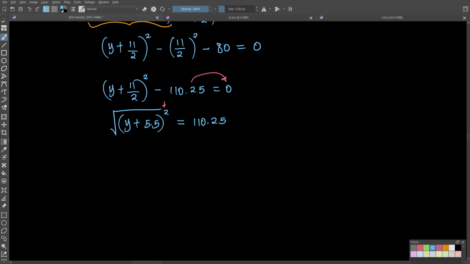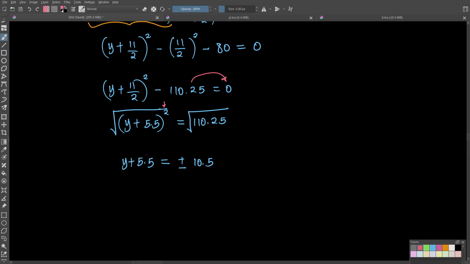When you find the square root of the square of something, you are left with whatever you're squaring. So on the left, we'll have y plus 5.5 equals to, now we find the square root of 110.25. But remember, the square root of a number is usually plus or minus. So we have plus or minus there. And the square root of 110.25 is going to be 10.5.